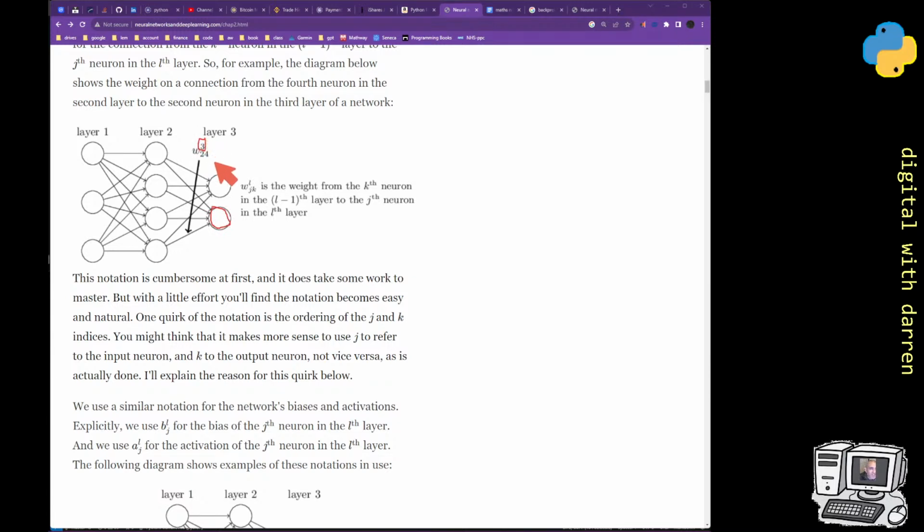You could consider that 3 to be talking about layer 3, but we're going to go from 2 to 3. These two pieces, the reds, give us this, and then this one here gives us this. That's the way to think about it. Now, we could have said that this is the 3 and 2 thing.